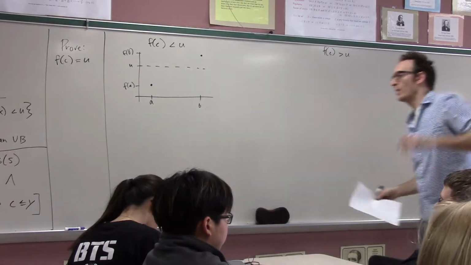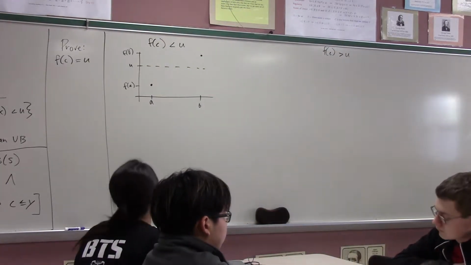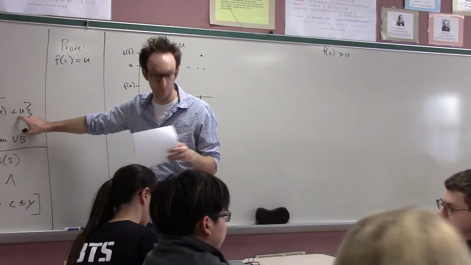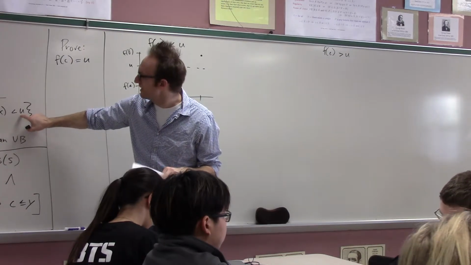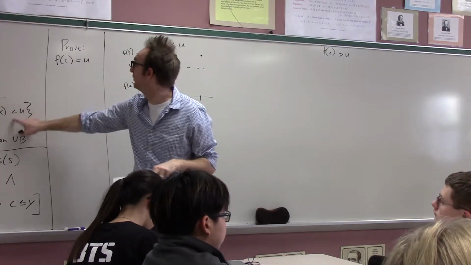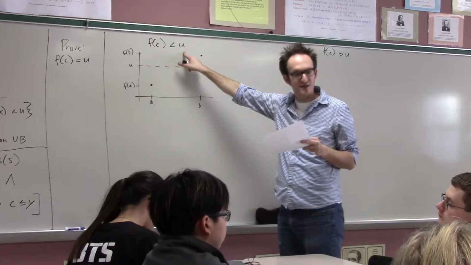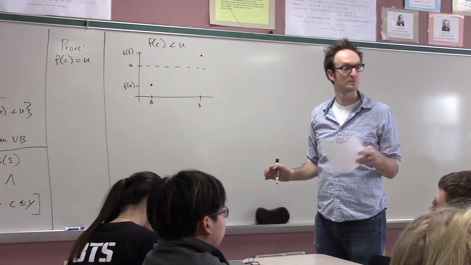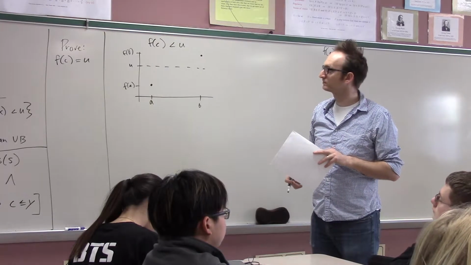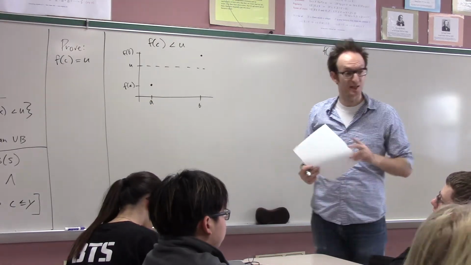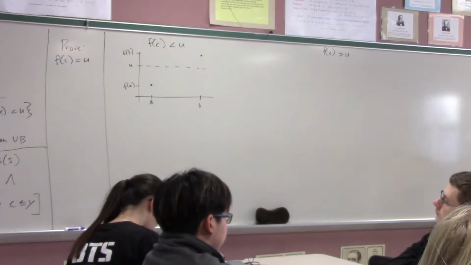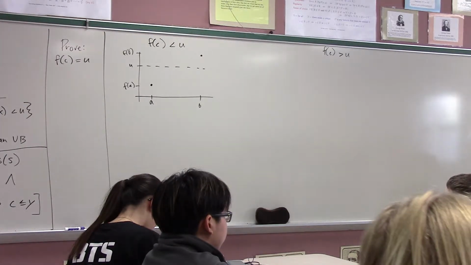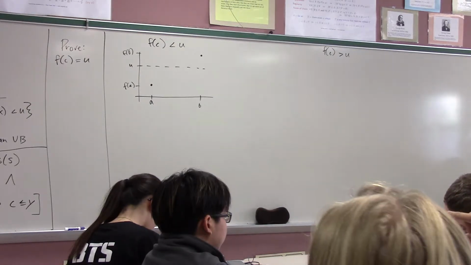Okay, well, what is S again? S is the set of real numbers which land under u. Well, if everything in S lands under u, and f of C is also less than u, and C is the least upper bound, what's up? Wait, C is the least upper bound, or f of C is the least upper bound? C is the least upper bound because the set S is the set of x values. Oh, so C is at the second dot.